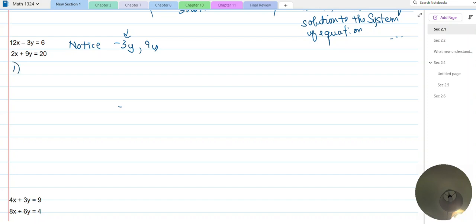So our first step is to multiply line 1 by 3. Then add vertically.